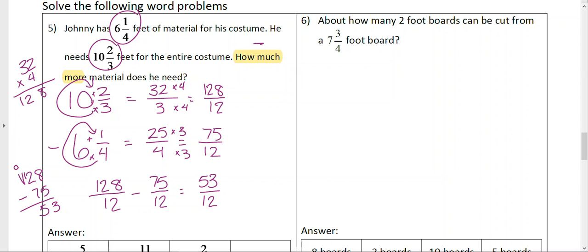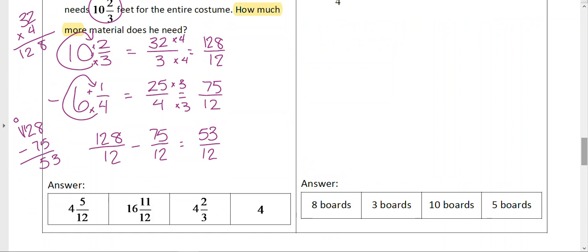over 12. Let's look at the answer choices and see if any of those can help me. It can't be this one because I have a denominator of 3 and my current denominator is 12, so it can't be here. 12 doesn't go into 53 4 times, so it can't be this one. So I can turn them improper and see if I can find one that matches, because to me it's telling me this doesn't simplify.